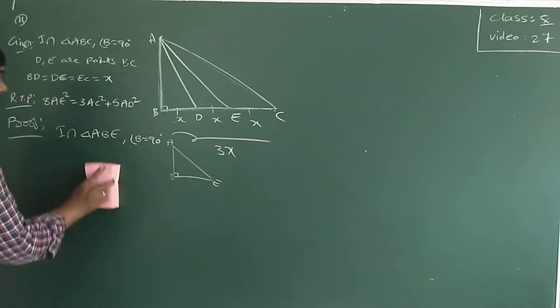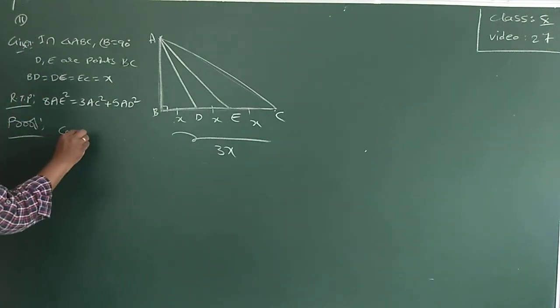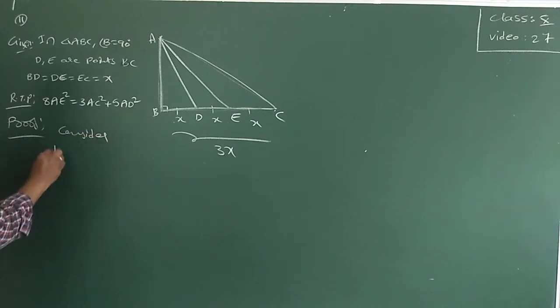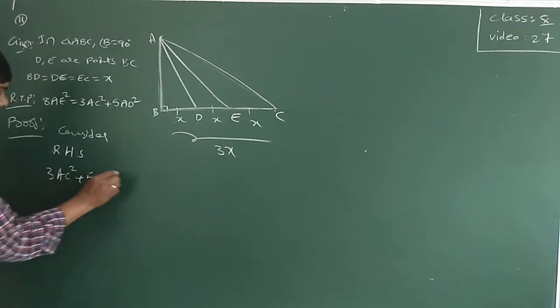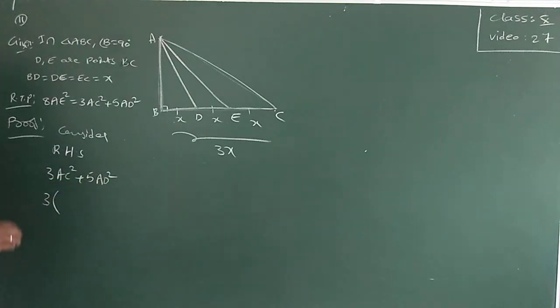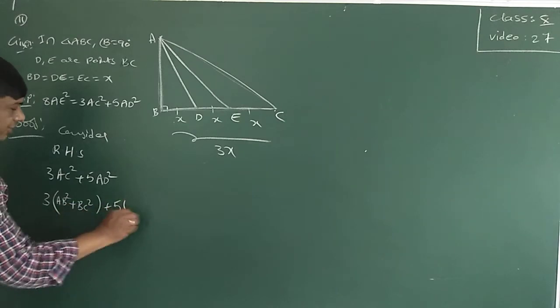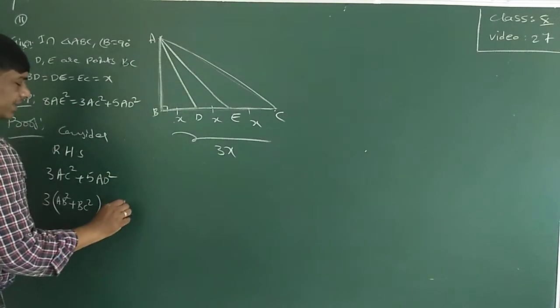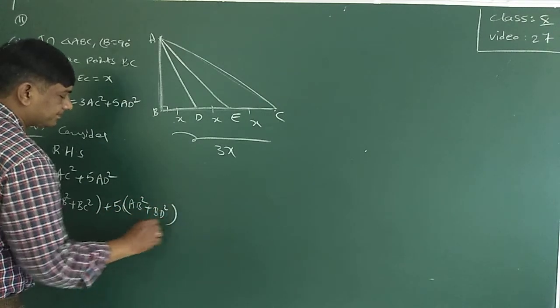And another way is to consider the RHS. What is the RHS here? 3AC square plus 5AD square. 3 into AC square is AB square plus BC square, plus 5 into AD square, which is nothing but AB square plus BD square.